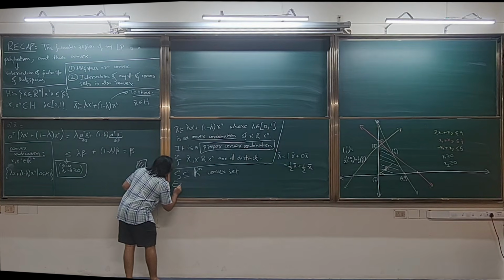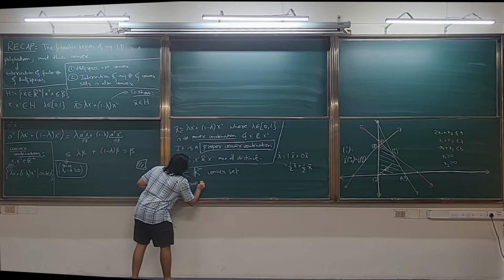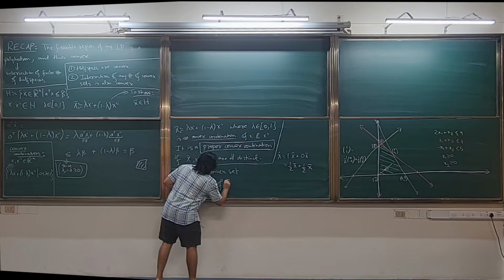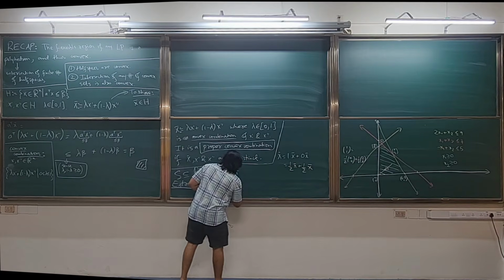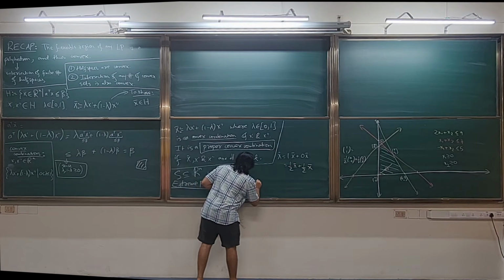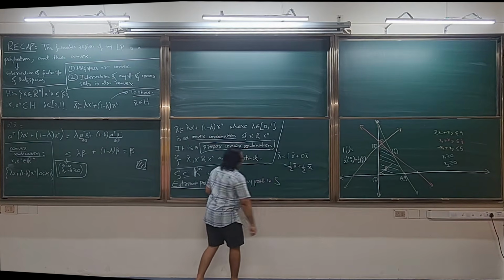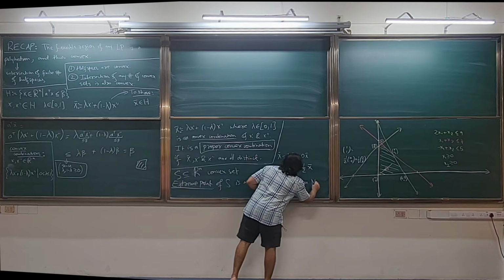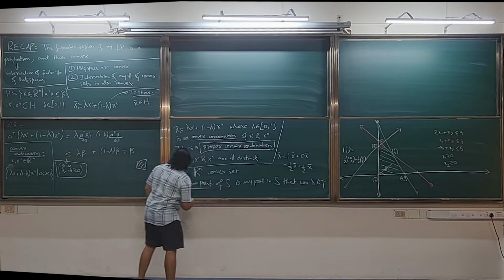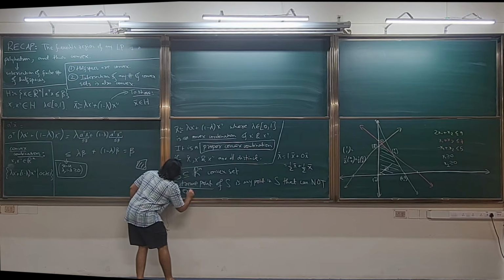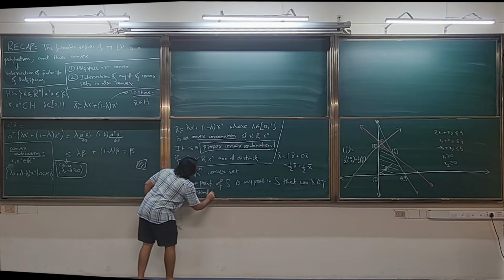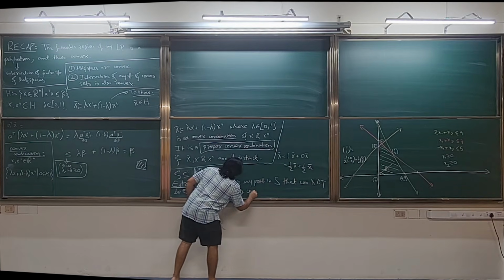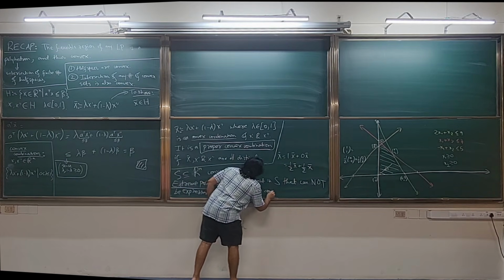An extreme point of S is any point in S that cannot be expressed as a proper convex combination.